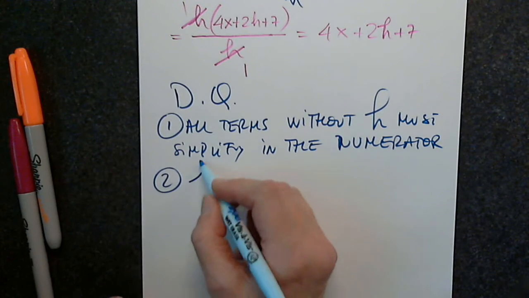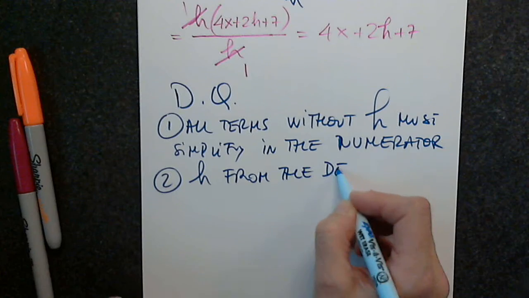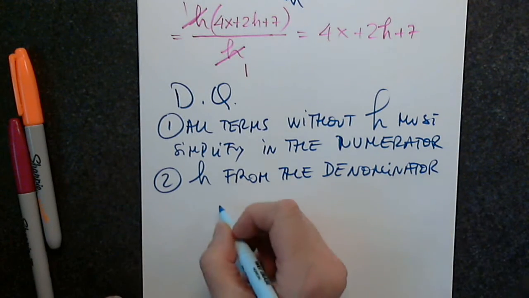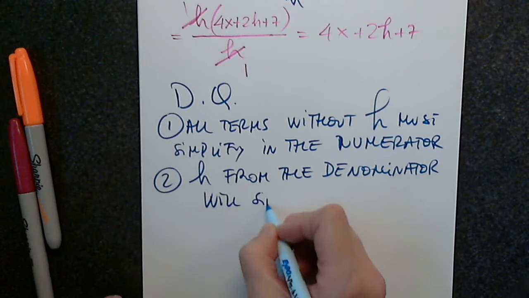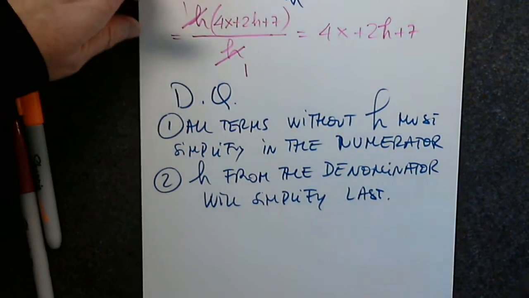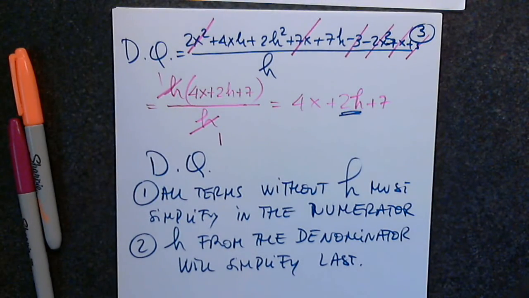That's step 2. H from the denominator will simplify last. Now notice that there is still an h in the final answer, but it's not the h from the denominator. It's a different h, the same h, but not the one from the denominator. That will always be the case.